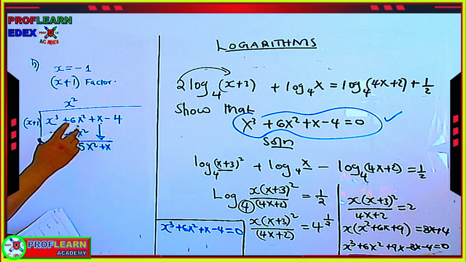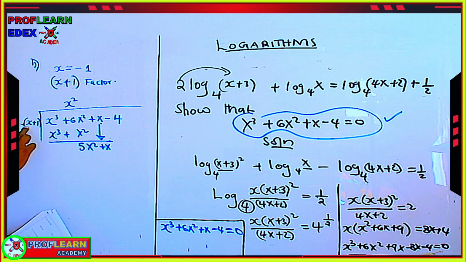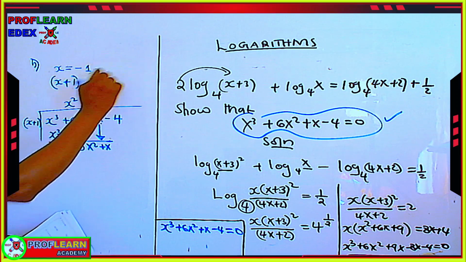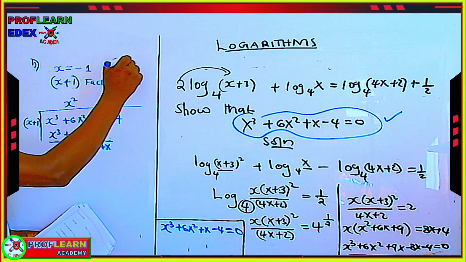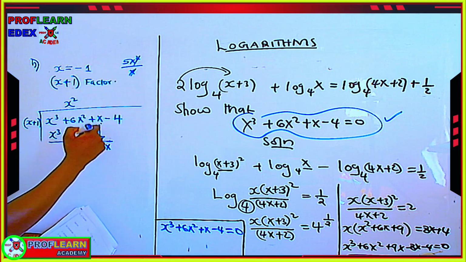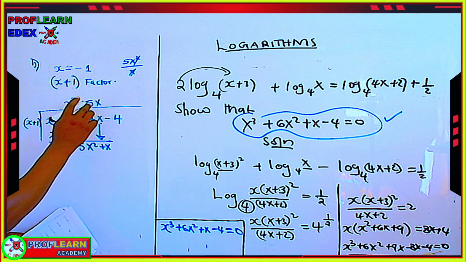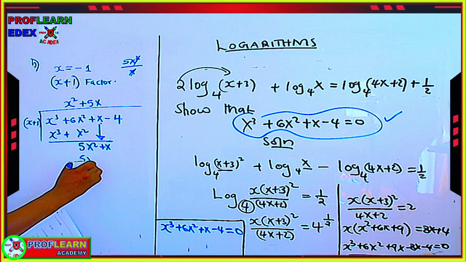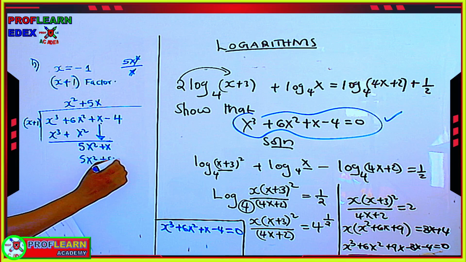And then we take 5x squared divided by this x, because every time you want to know which number you put here, take the number you have here, 5x squared, divided by this x. So we cancel with 1x, and we shall have plus 5x at the top. 5x times this will be 5x squared. 5x times 1 will be plus 5x.